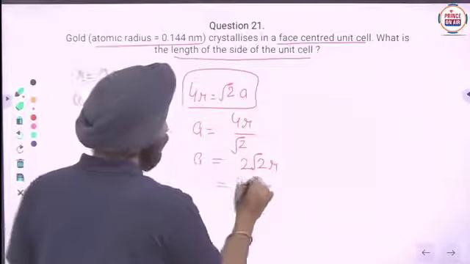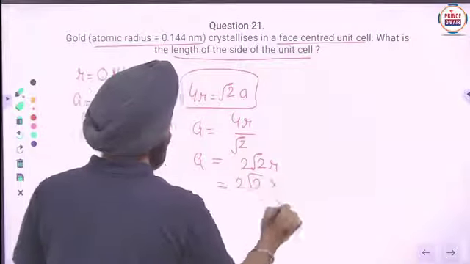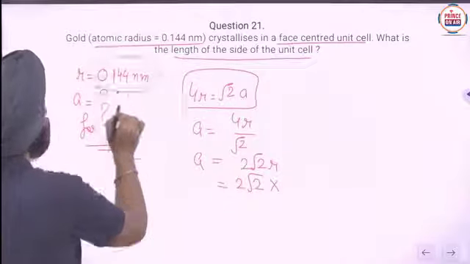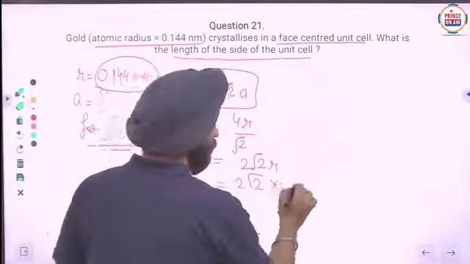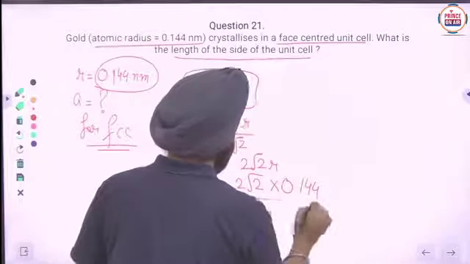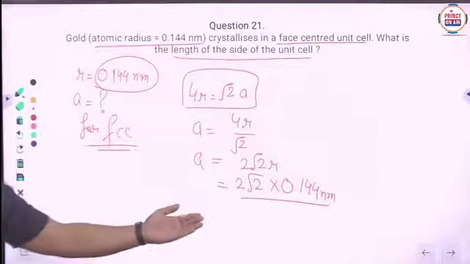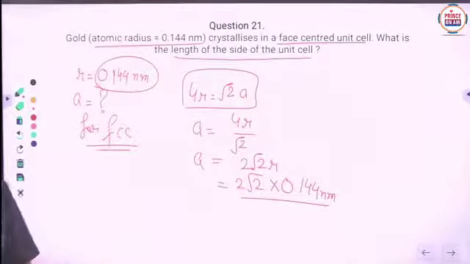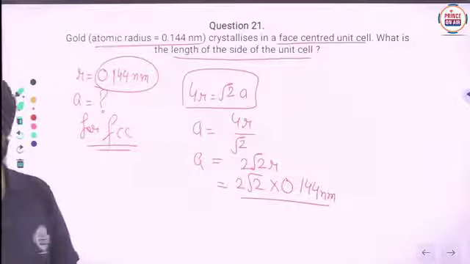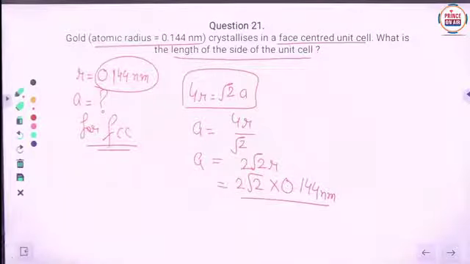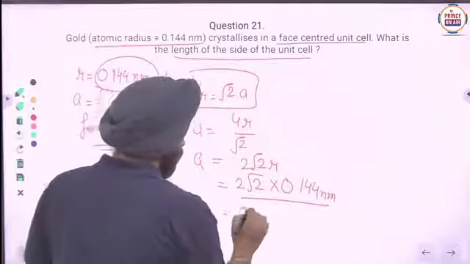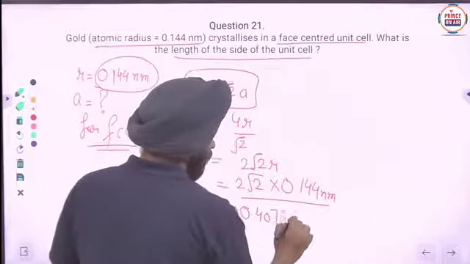Now 2 root 2 into R, where R is 0.144. Just solve this value and you can calculate the value of a, which comes out to be 0.4073 nanometer.